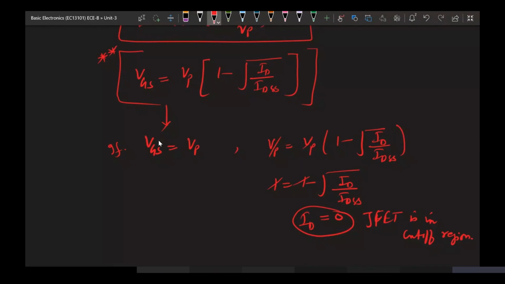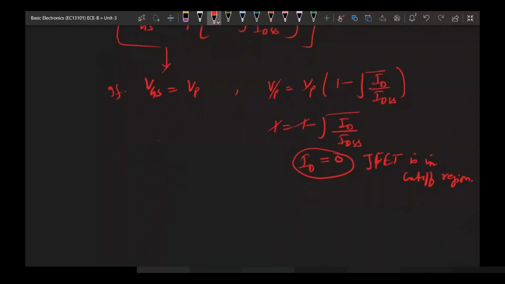So VGS equals VP, but this is the case when VGS should be equal to VGS off. If we put this value, we get ID equals 0, but this ID equals 0 is the condition when VGS should be equal to VGS off.